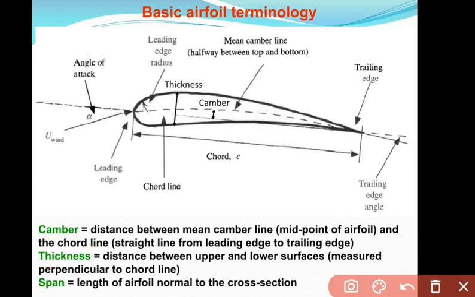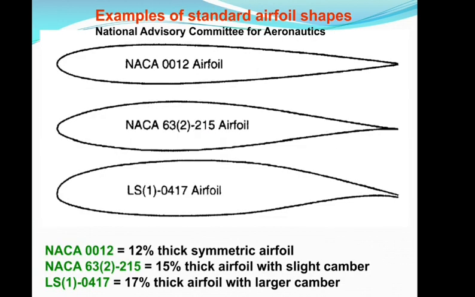Next we will discuss the example standards of airfoil shapes. You can say NACA, the National Advisory Committee for Aeronautics, which deals with testing and research related to wind turbine blades and aeroplane wings.